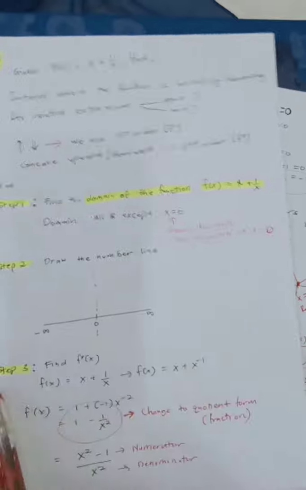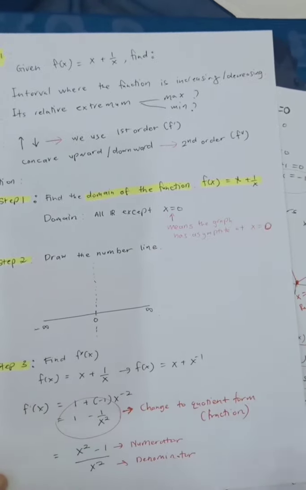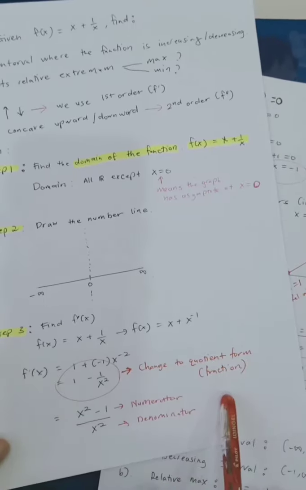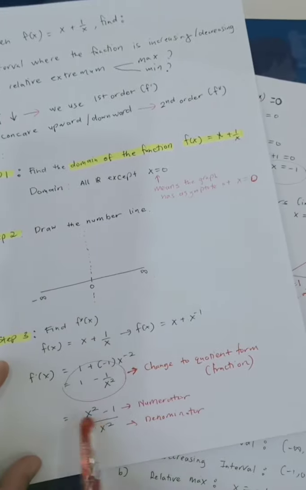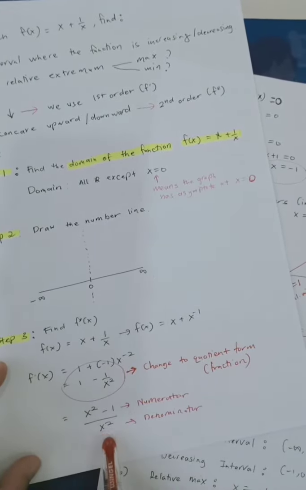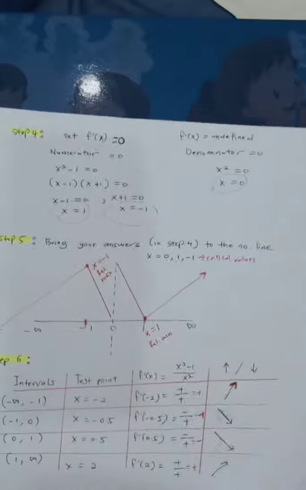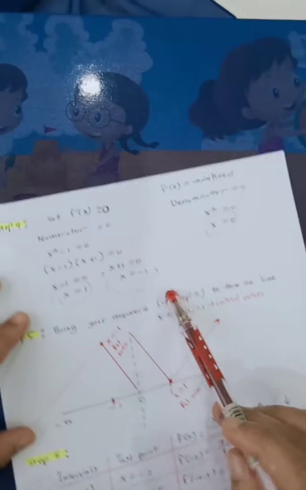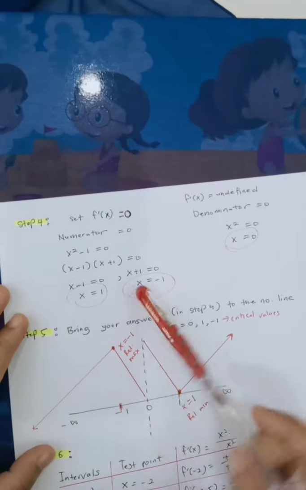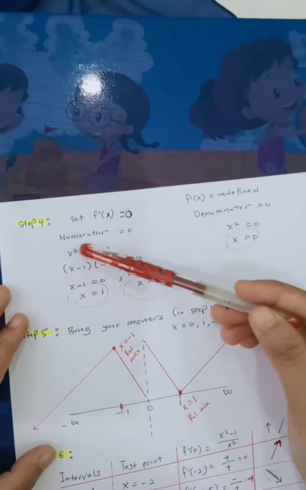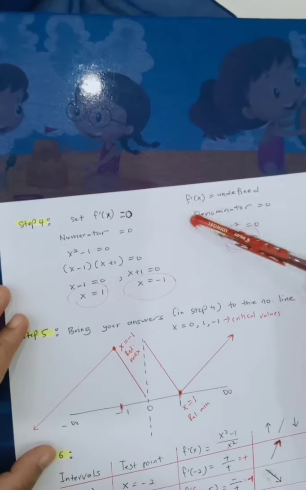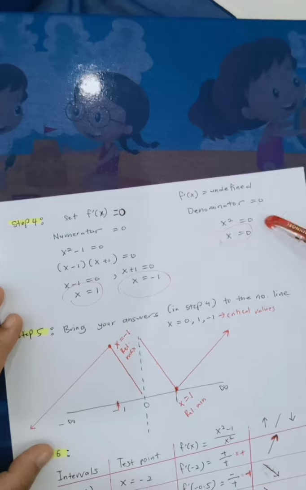And then step 3, you differentiate the first order and change it to quotient form, a fraction, where this is your numerator and this is your denominator. And then step 4, you find the critical values, critical points, where we set f prime equal to 0, where the numerator equals 0, and f prime x is undefined, where the denominator equals 0.